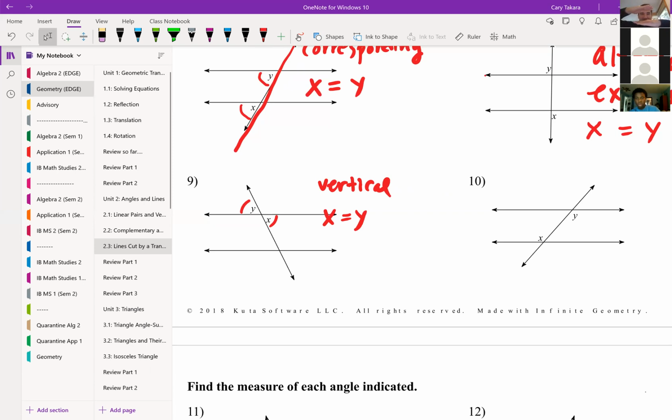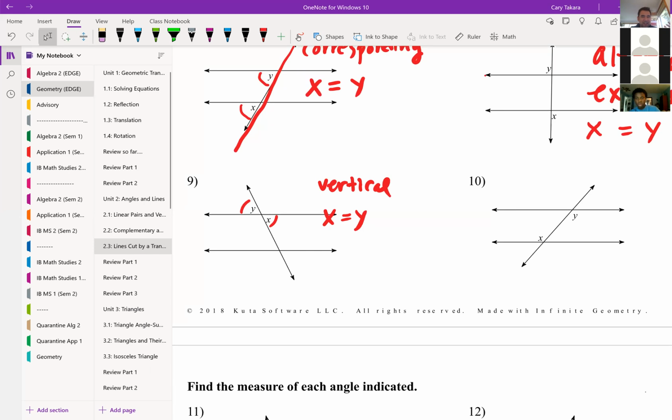Again, both X and Y are inside, aren't they? Inside of the parallel lines. So that's interior, okay? So X and Y are inside, so that's interior. One is on the left side, one is on the right side. So that's an alternate.